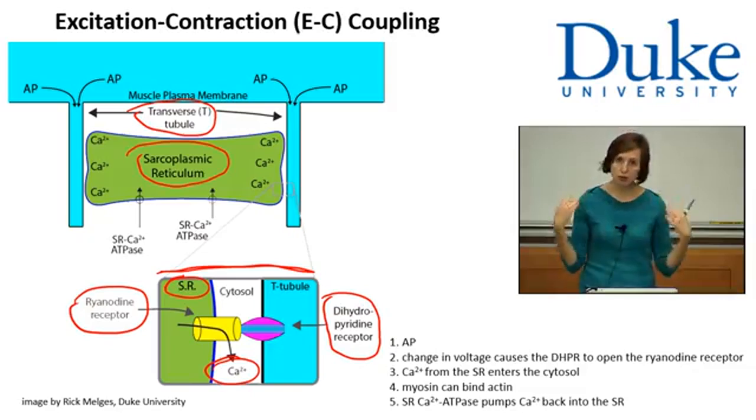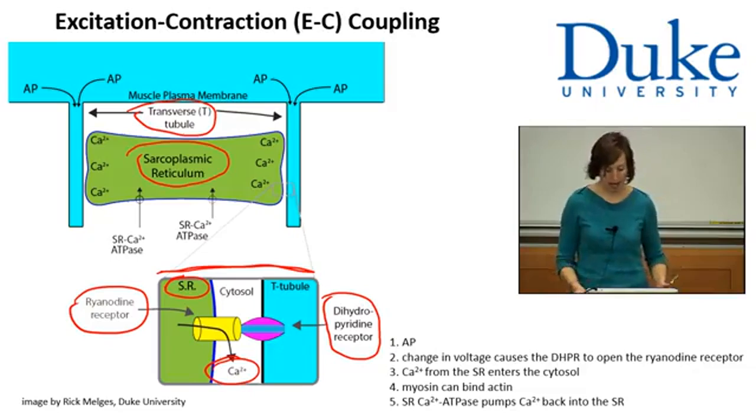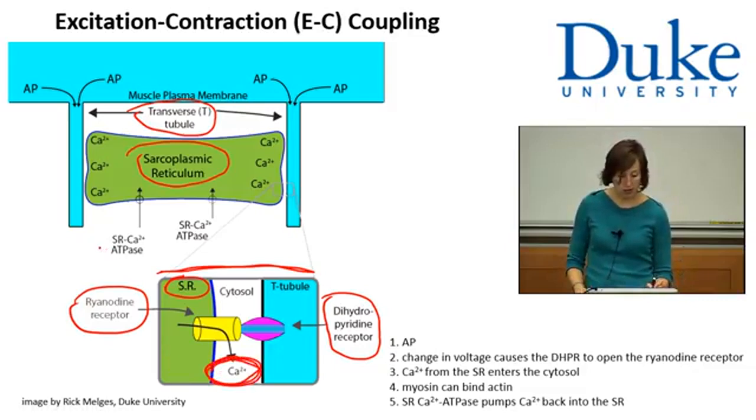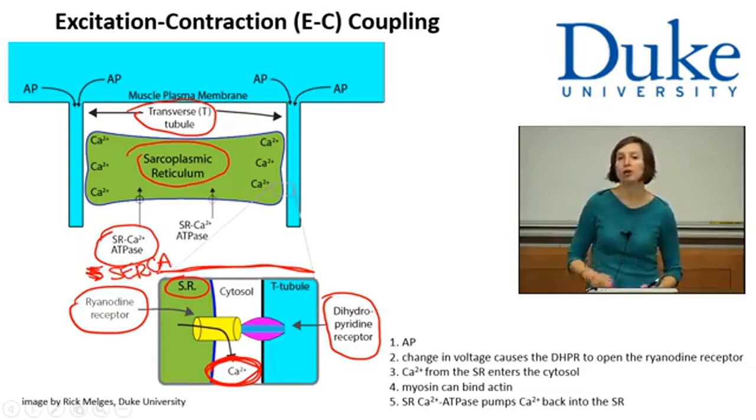So the calcium rushing into the cytosol is then going to bind the troponin and then cause tropomyosin to be removed from the sites on actin, which then allows myosin to bind actin. However, as soon as calcium starts rushing into the cytosol, we're also going to activate sarcoplasmic reticulum calcium ATPases, which are also called SERCA, which will start to pump calcium back into the sarcoplasmic reticulum.